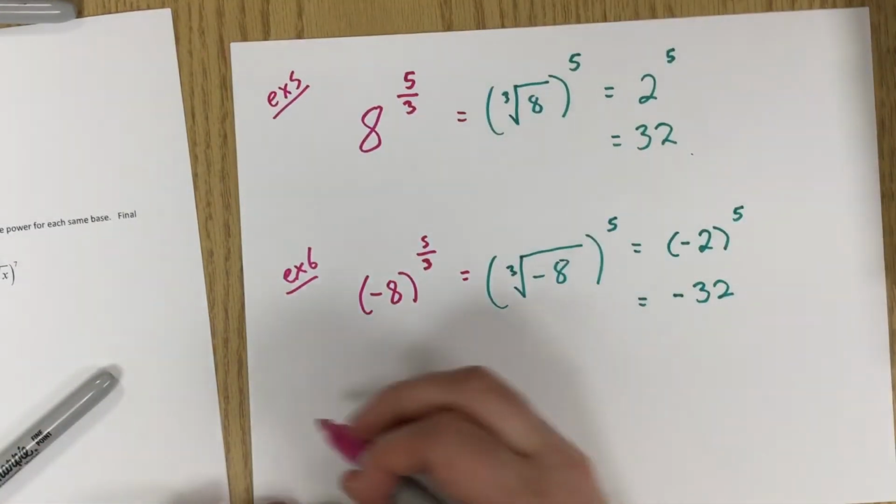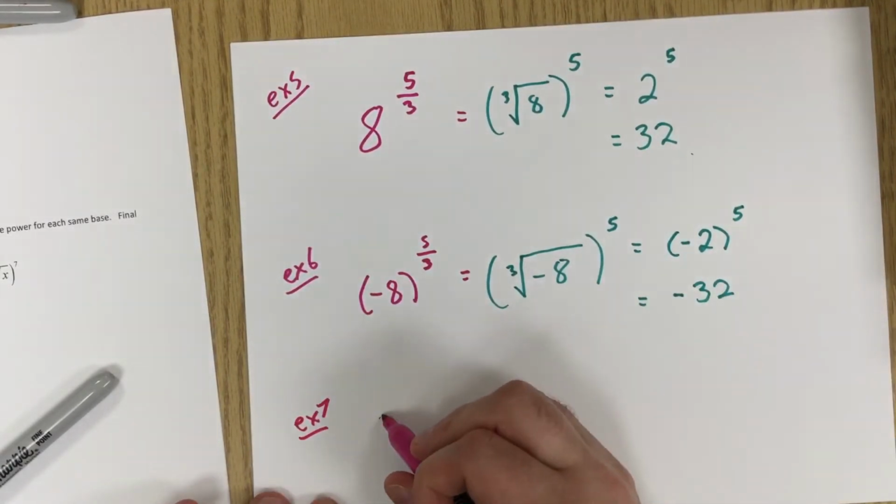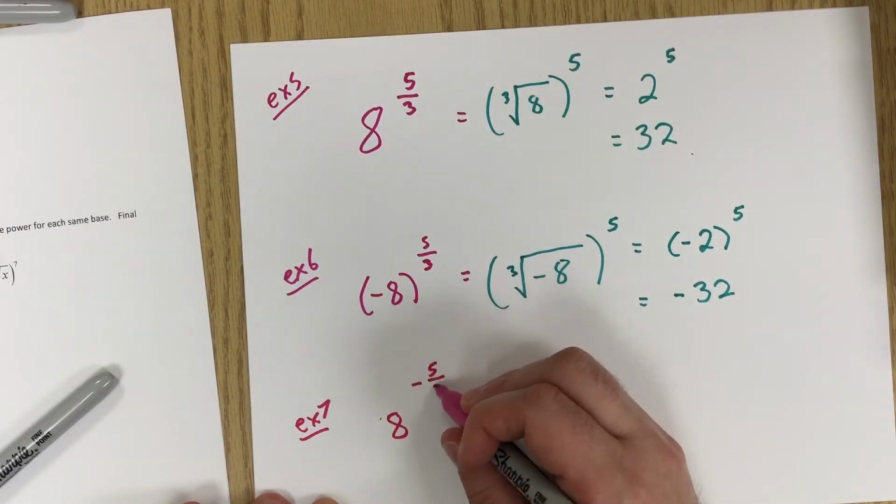Let's continue with 8 to the 5/3. Let's do the different permutations of it. So let's say we have 8 to the negative 5/3.